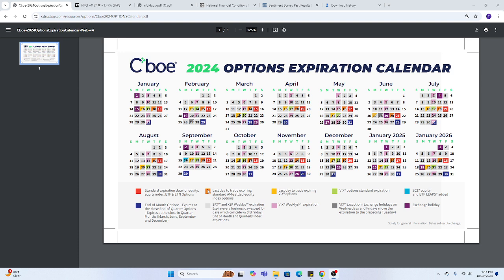Just keep an eye on it, see how the market reacts, and see how you can position yourself alongside some of these guys, and maybe you can get positioned for a good swing trade depending on market price and your target. All you got to do is Google option expiration calendar. There's a ton of them out there.